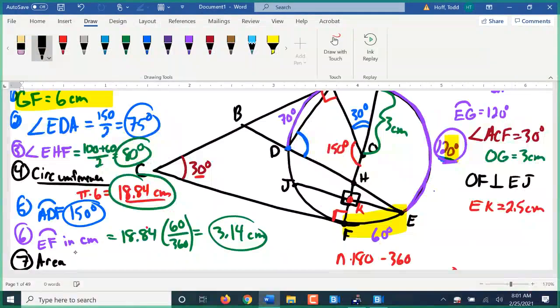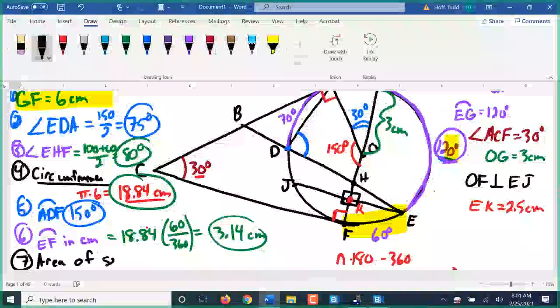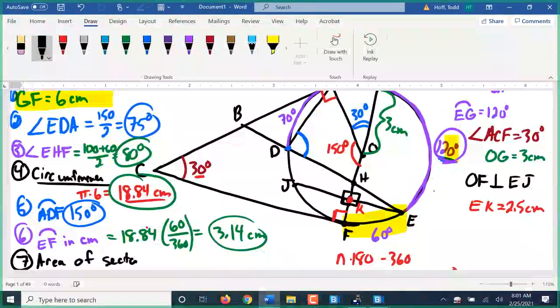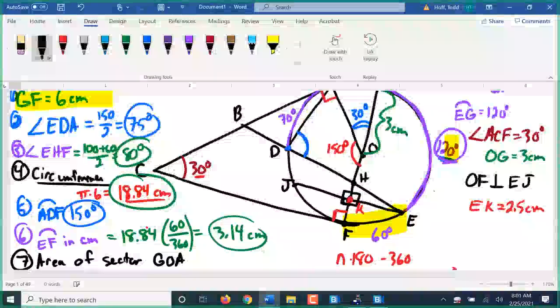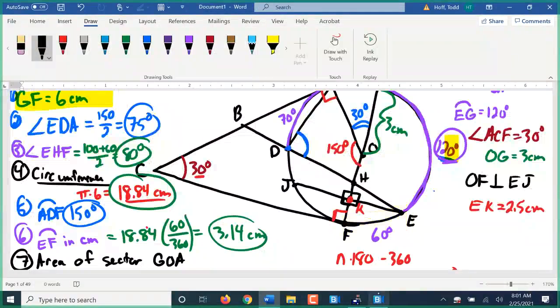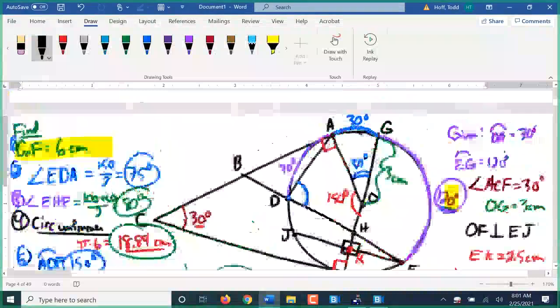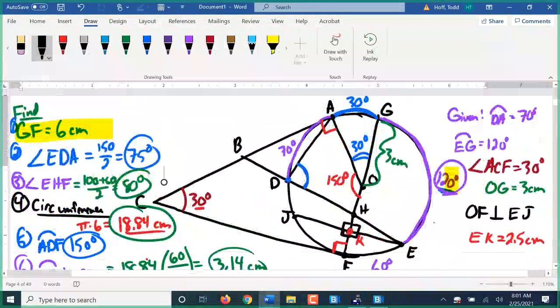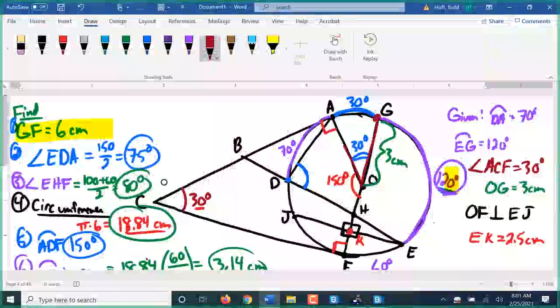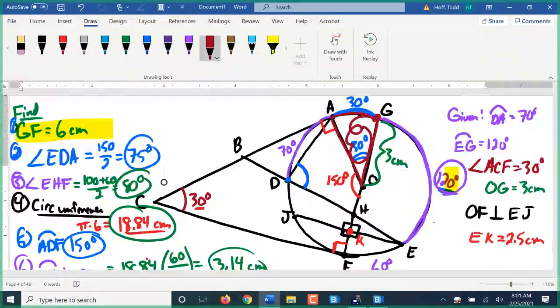Let's talk about the area of sector GOA. So GOA is this sector right here. It's a 30-degree sector.